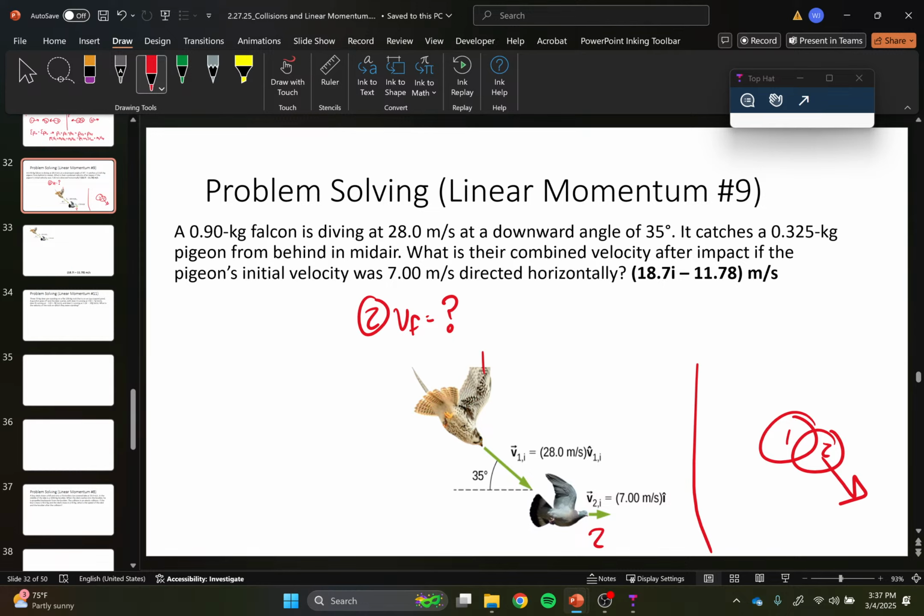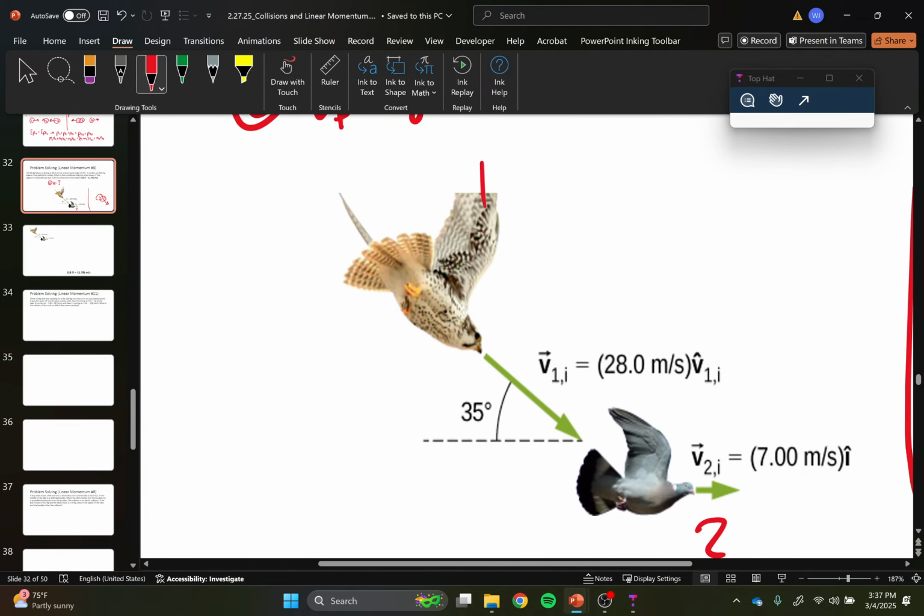But label your triangle with what the two sides represent. That is a good practice. So there's our triangle, V1 initial. Make sure you label the other two sides of your triangle and make sure you draw them as arrows so you don't make a silly mistake.